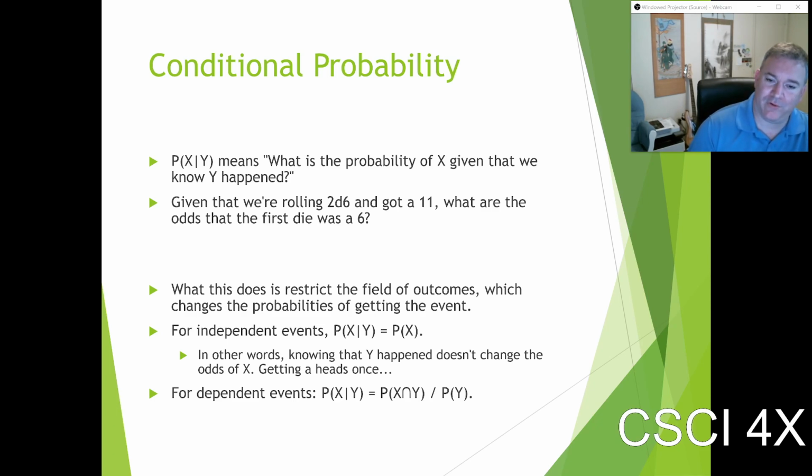Now, if I told you the sum of the numbers was a 7, what is the odds the second die was a 6? So before I reveal any information, you had a 1 out of 6 chance of getting a 6. But then I rolled the dice, I look at it, I'm like, oh, I got a 7. What are the odds that the second die was a 6?